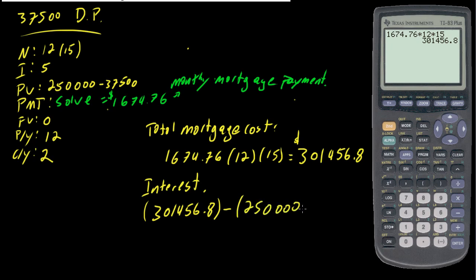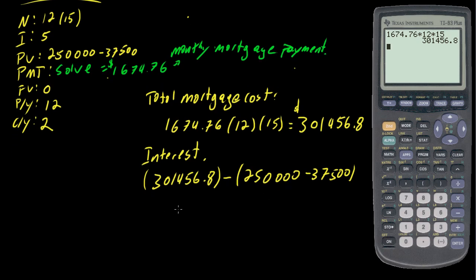I'll put that into my calculator: 301,456.8 minus, opening some brackets, the list price of the home minus our down payment, since the down payment isn't included in financing for the mortgage.